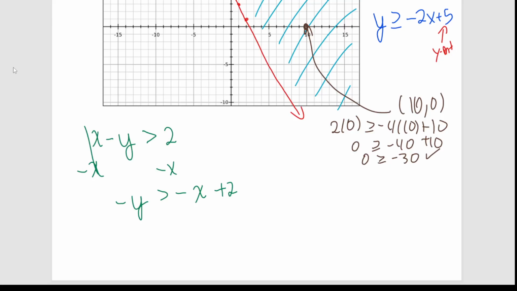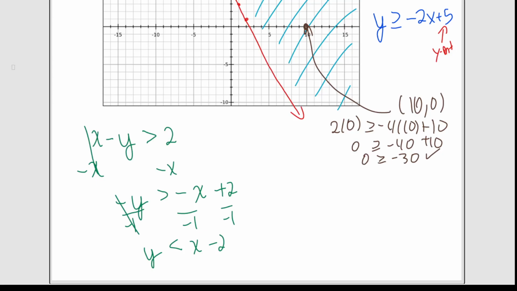And then to finish getting y by itself, I would divide all 3 by -1. And when I divide by a negative for solving an inequality, that's going to flip the inequality symbol, so be careful about that. -1x divided by -1 leaves me with positive x. 2 divided by -1 gives me -2. So be very, very cautious about that.